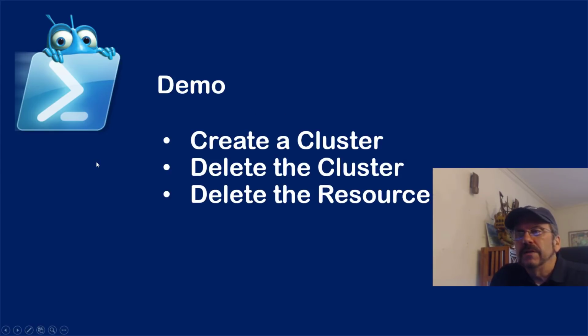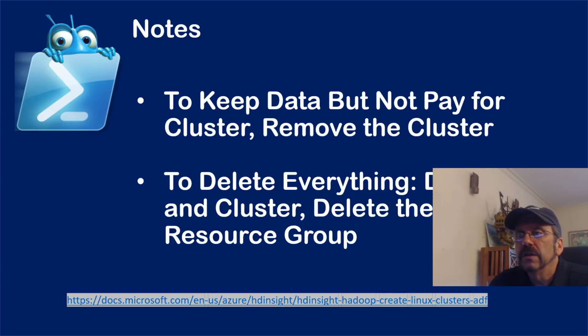Okay, so what we've done in the demonstration is we created an HDInsight cluster, which was a Hadoop cluster. We deleted the cluster. We didn't delete the resource group yet, and then we went through and deleted the resource group. So those are the three main components. Deleting the entire resource group is only when you're really done with everything. Deleting the cluster is a good way to manage your costs.